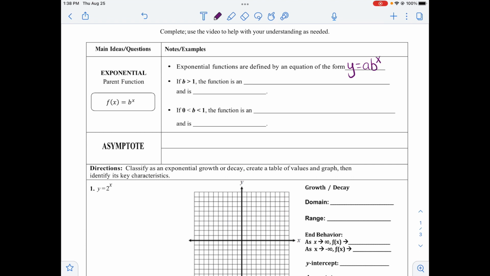If b is greater than 1, the function is exponential growth. So we can think about germs growing, or if we had a very good bank account, maybe our money growing. We would love it to grow exponentially. And that is showing us that something's increasing.